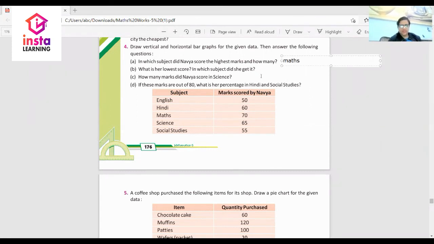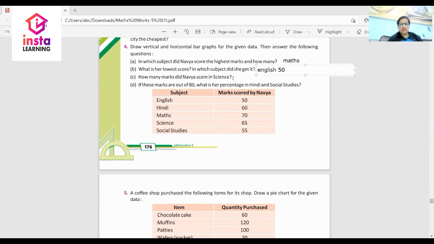What is her lowest score? So, the lowest score is 50. In which subject? This is English. Just write down here English, and the answer will be 50.